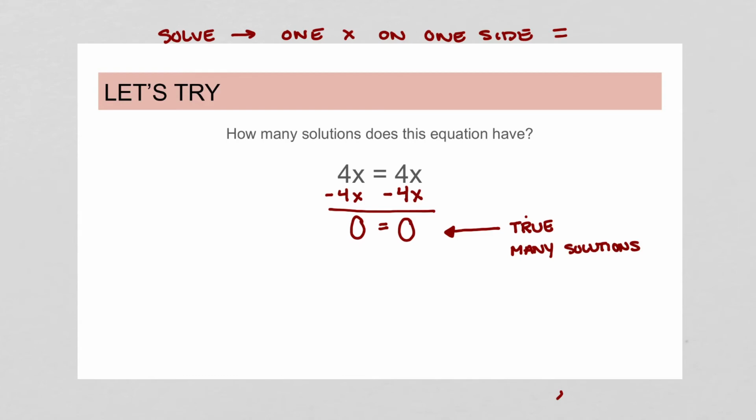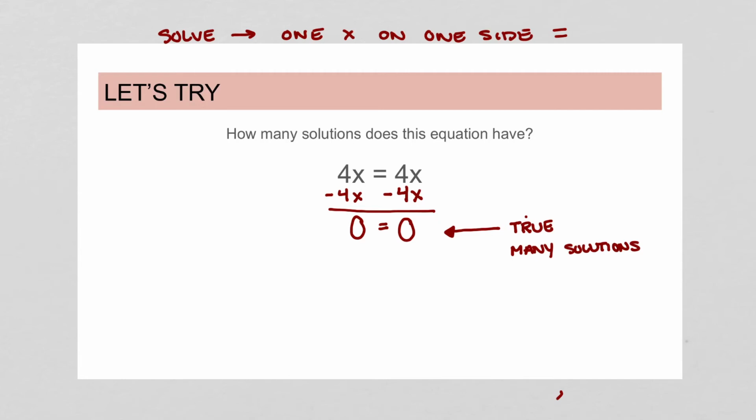I'd still have a true statement. But what if I took 10? If I tried 10 times 4, on the left side I'd have 40, and on the right side I'd have 40. It would still be true. There are many solutions, or many values of x. One might say infinitely many values of x that I could plug in, and it would still be true.